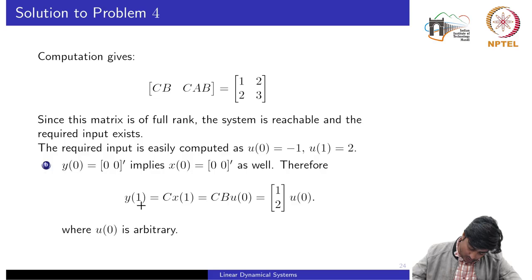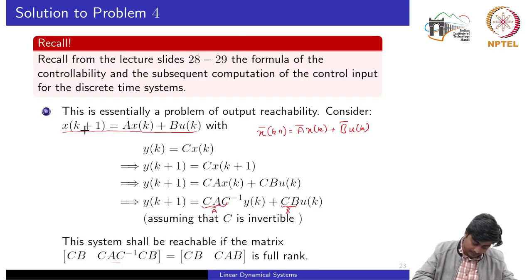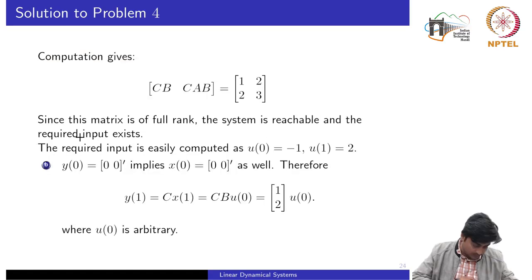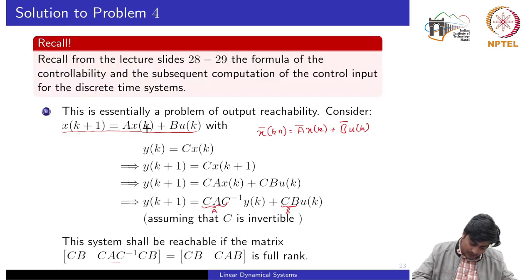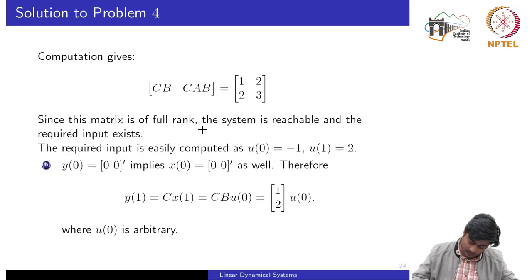Therefore, if we want to reach in one time step, I would write y1 is equal to C of x1, and x1 is given by B u0, because I just substitute k equal to 0 directly in this equation. With x0 equal to 0, u0 comes as it is, because u0 becomes a parameter.